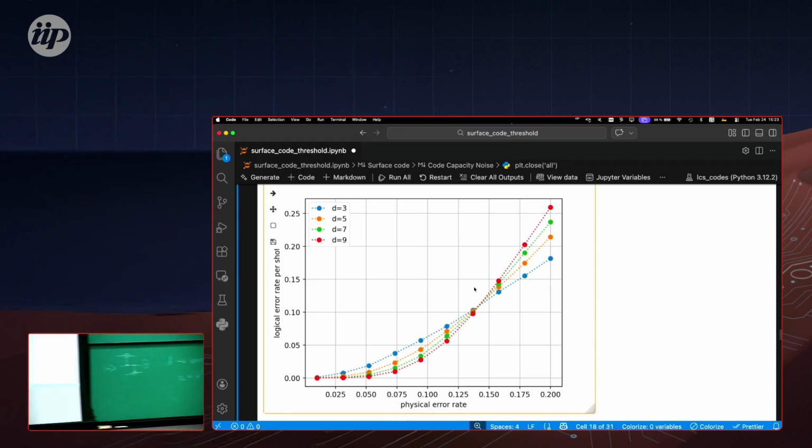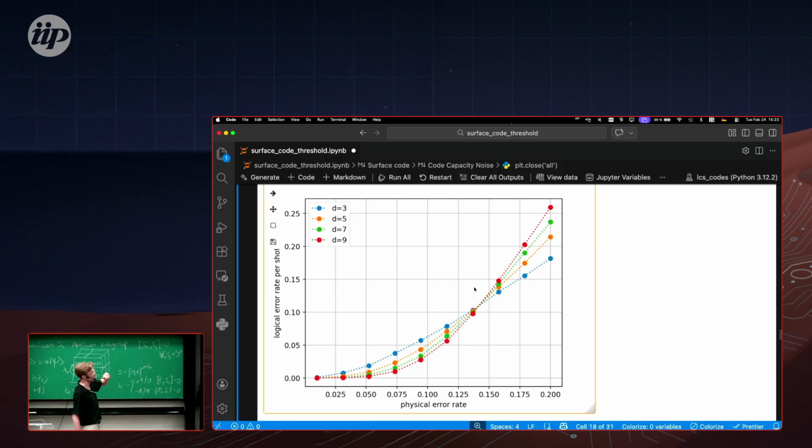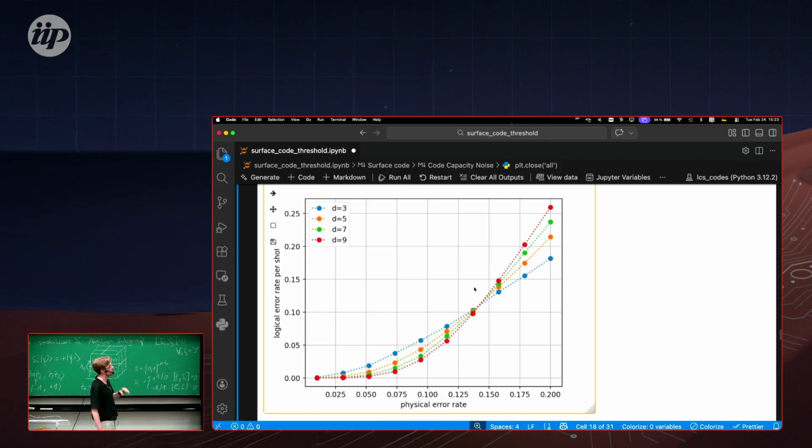For this noise model it is approximately 13 point something percent. So we can asymptotically allow for a bit flip, or in this case a depolarizing error rate, of up to 13%, and below that we will always correct.